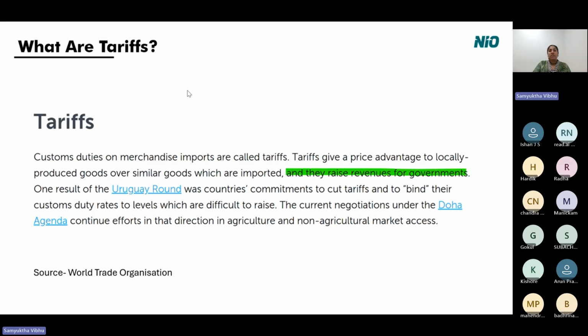Now the situation that we have entered into is a phase where tariffs are more protectionist in nature. When you do impose a tariff, what you're doing is you're sort of putting a penalty on goods that come into the economy from outside, and you're trying to promote what is homegrown, right? Now, this can be an effective strategy if homegrown goods can offer the same quality at the same cost of production.